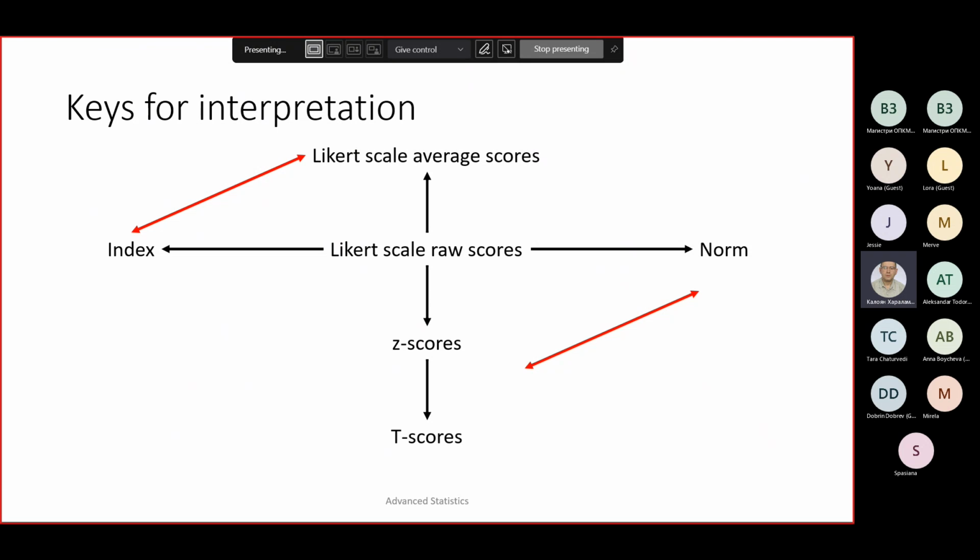So if we use the same questionnaire in Bulgaria and in Germany, for example, for Bulgaria, we will use Bulgarian mean and Bulgarian standard deviation. And for German, we will use German mean and German standard deviation.